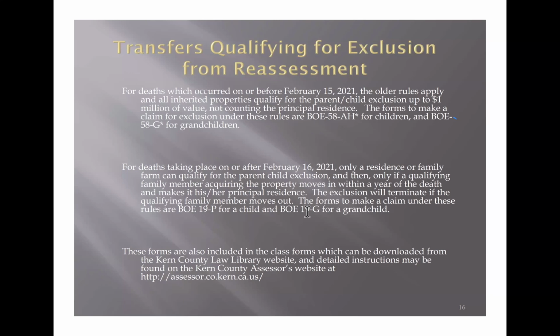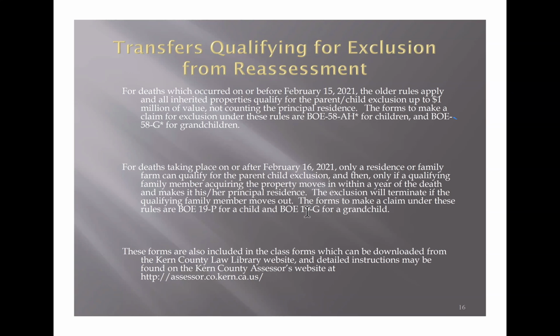Well, if your death took place on or after February 16, 2021, then you are only going to qualify if the property being inherited is a residence or a family farm, and a qualifying family member moves in to live at the property within a year of the death.